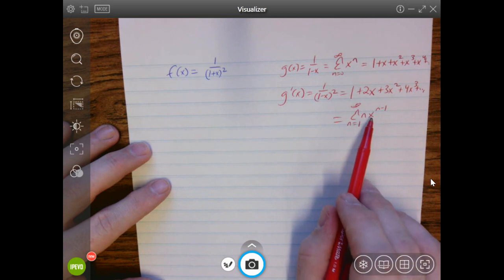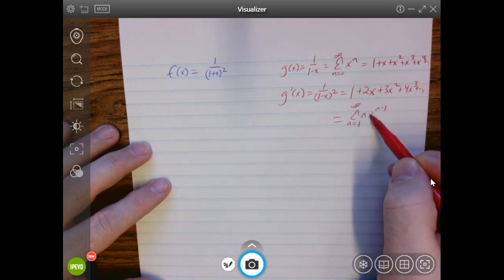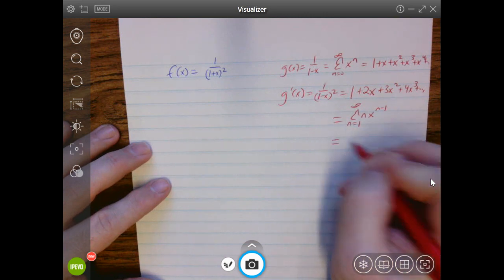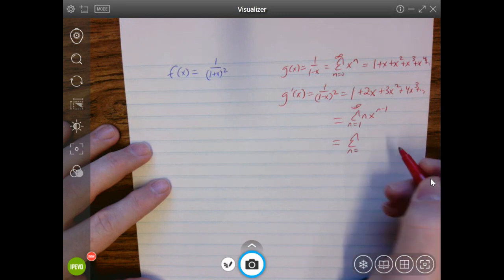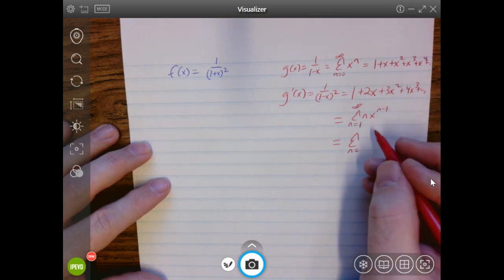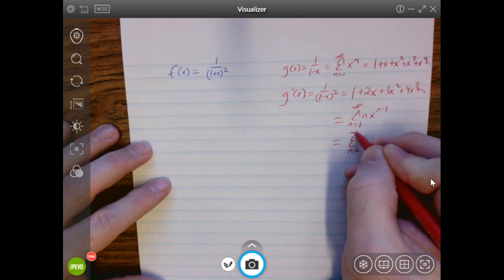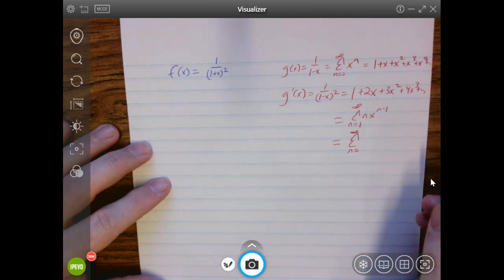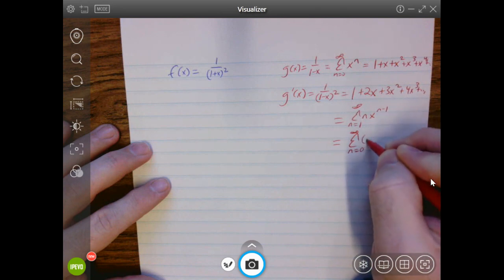Now, I know in the book sometimes they shift it here or there. Sometimes they'd like to have their x term just to the n power. So we could rewrite it if we wanted to. And in the book, it even says if we like, in the example they do. So either you like or you don't like. But if you want to make it match what they have, then we have to. So this one, if I want to shift it to n equals 0, this would have to become n plus 1.